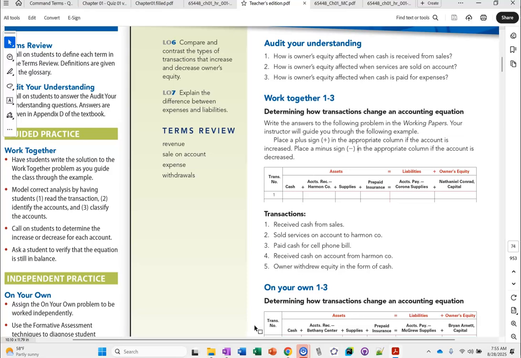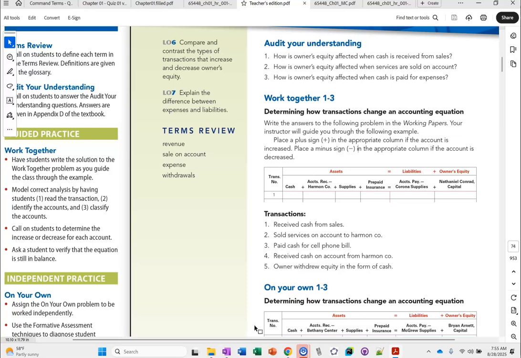Who wants to answer where the pluses and or minuses go? Gavin? So plus in cash is correct, but there's no minus in supplies. Adriana? The other plus should be in owner's equity.